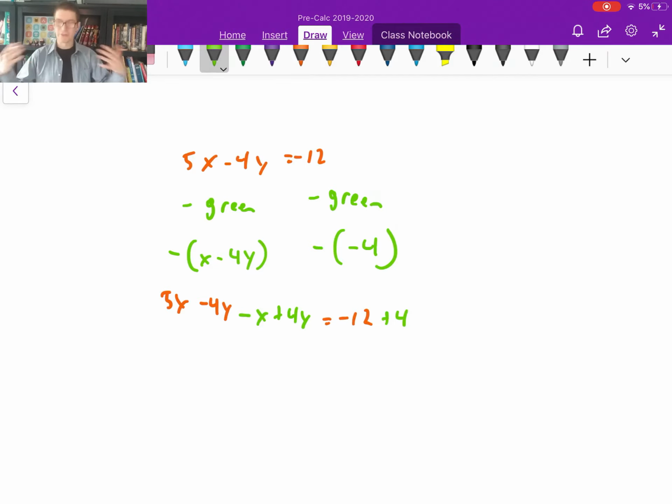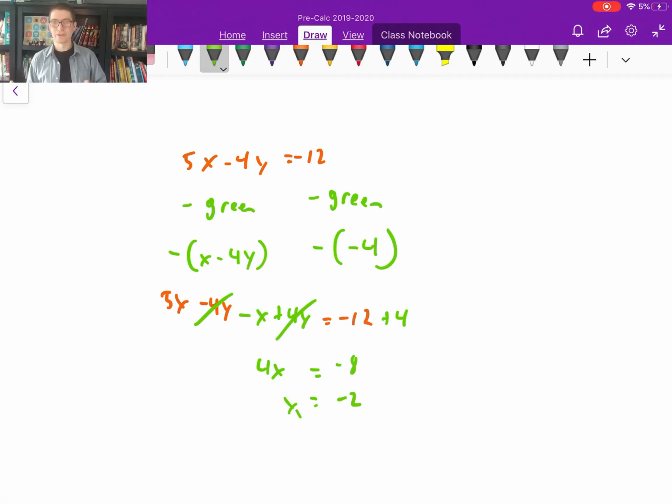Cool. And then we just solve from there. You can see we've lined things up pretty carefully. The things we subtracted are pretty convenient. So these negative 4y and plus 4y cancel out, and you get 5x minus x, which gives you 4x equals negative 8, and so x equals negative 2.